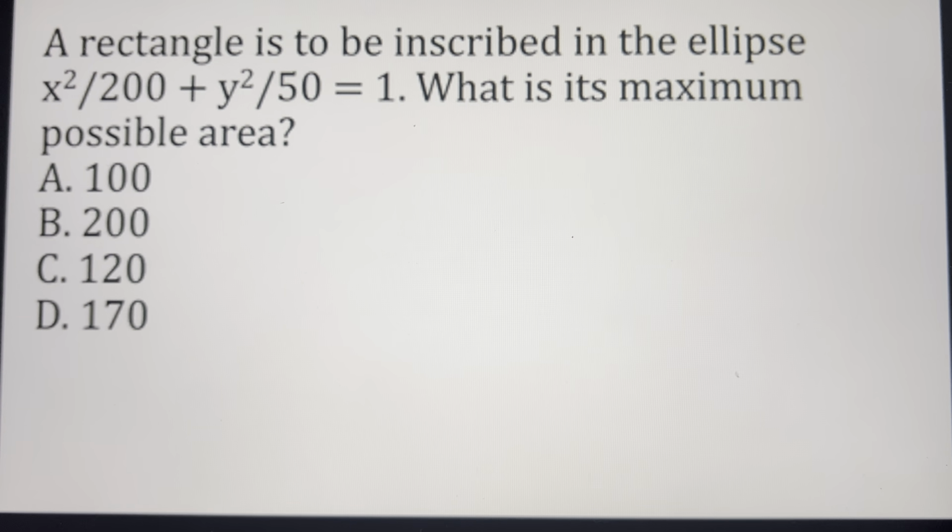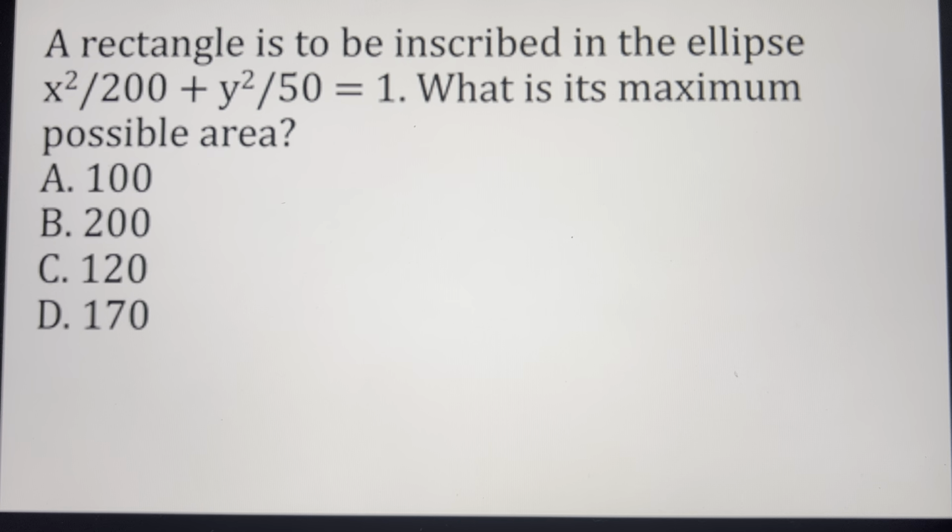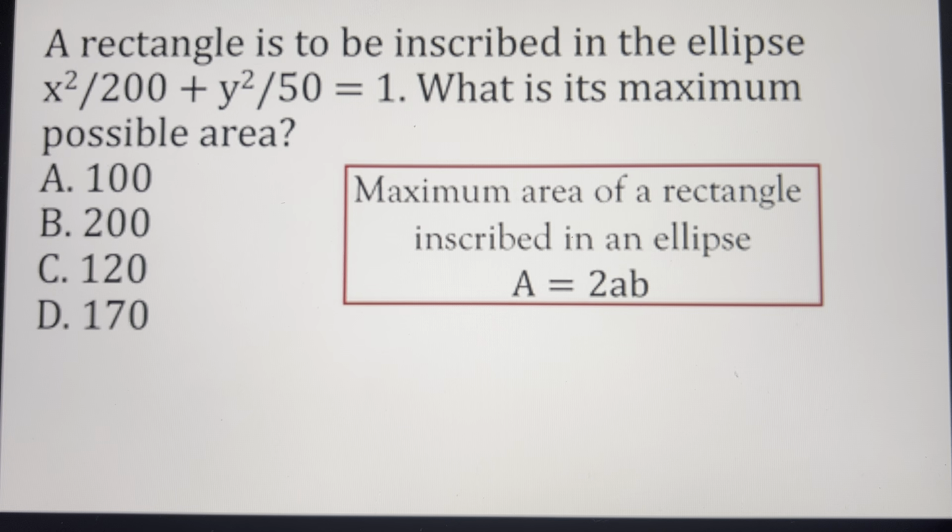A rectangle is to be inscribed in the ellipse x squared over 200 plus y squared over 50 is equal to 1. What is its maximum possible area? So for an ellipse, the maximum area of the rectangle inscribed in an ellipse is 2ab, where a is the semi-major and b is the semi-minor. So the standard form of all ellipses with center at 0, 0 is x squared over a squared plus y squared over b squared is equal to 1.